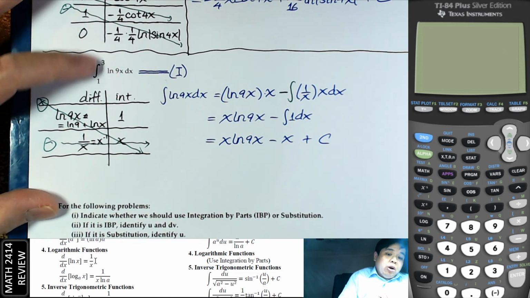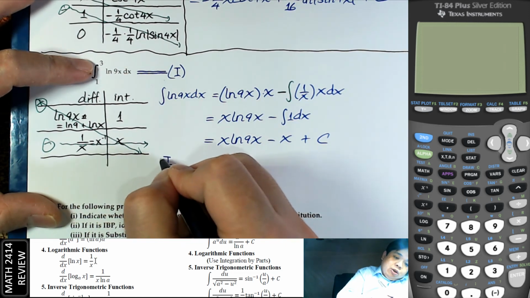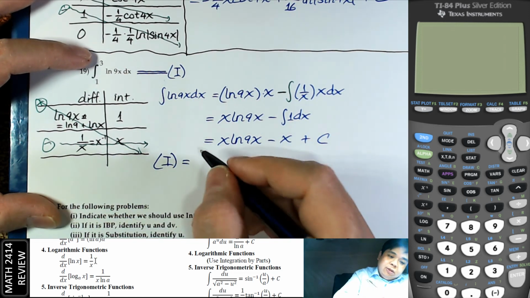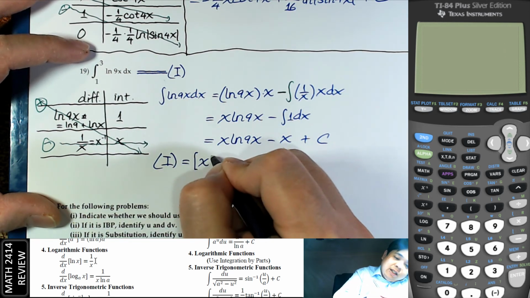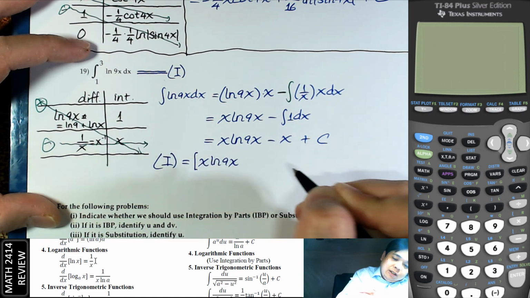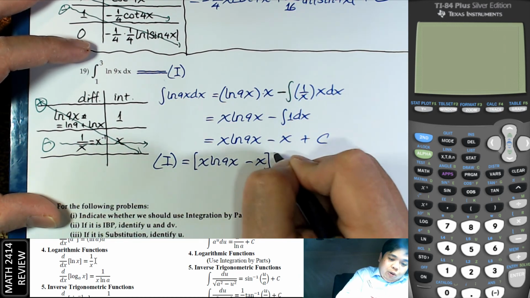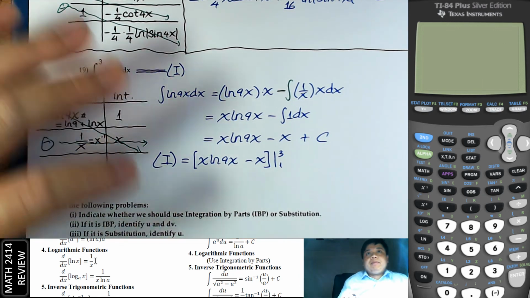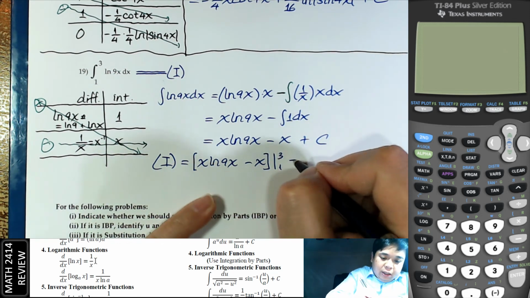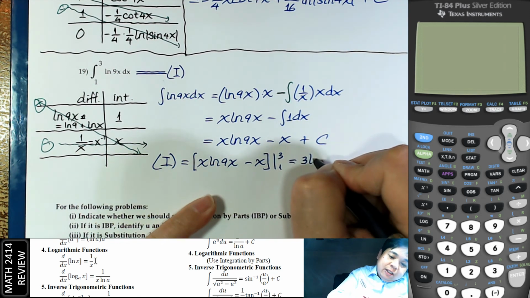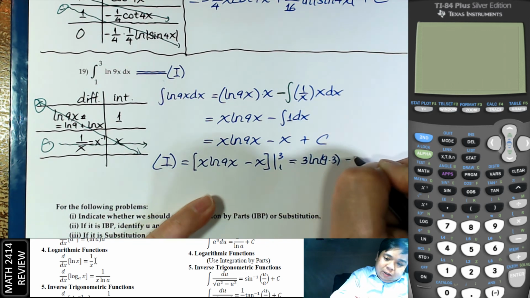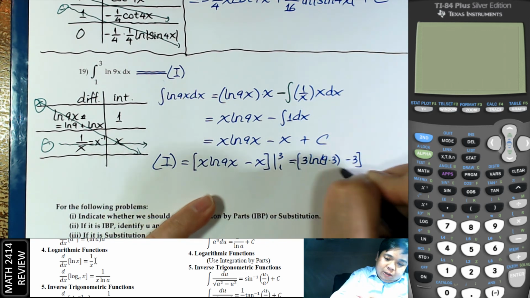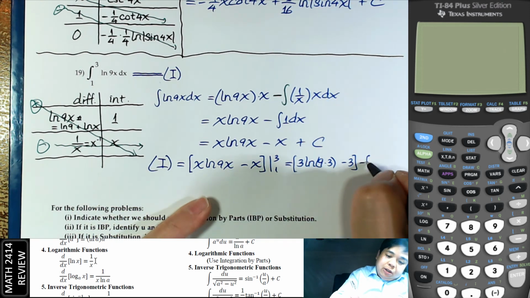Now the integral does have the limit, so we just have to use limits 1 and 3. So we just say x ln of 9x minus x going from 1 to 3. Substitute 3 in for x, and substitute 1 in for x.